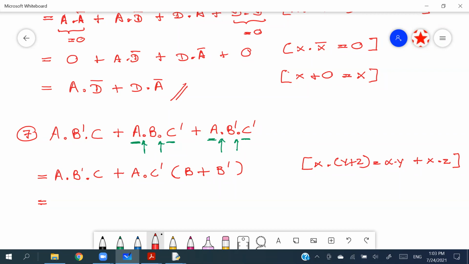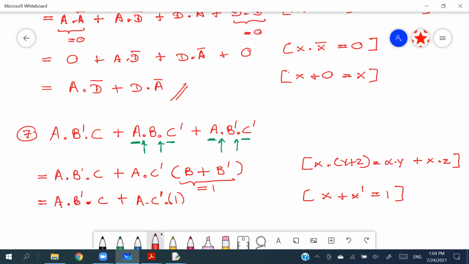So now I can say A dot B bar dot C plus, now this is going to become 1, so A dot C bar dot 1. That is the inverse law, x plus x bar equals 1.